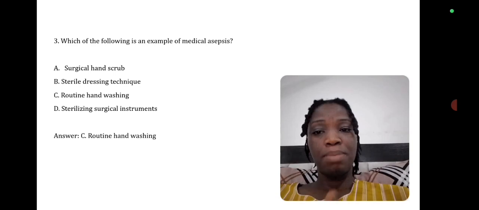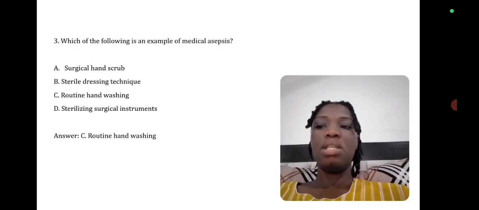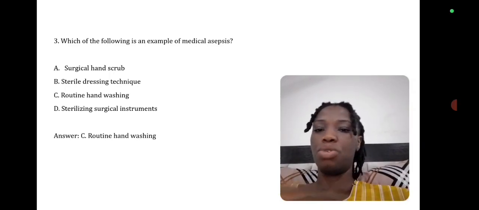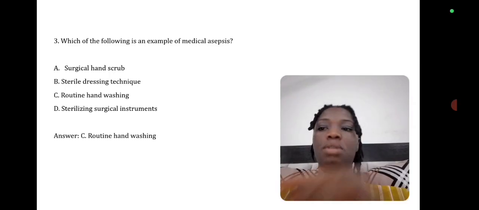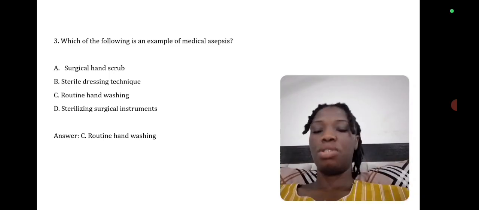Medical reduces microorganisms, surgical kills them completely. From the options A, B, C, D. A says surgical hand scrub. They've already put surgical there, so you know it's surgical asepsis. B, sterile dressing. Sterile is surgical. C, routine hand washing.